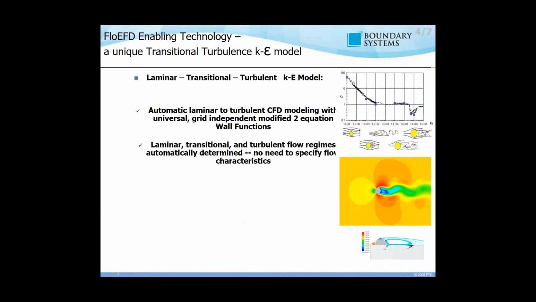So laminar flow, transitional flow, turbulent flow, even all the way up to, if a space shuttle was re-entering the atmosphere going at Mach 25 or 30, FloEFD can solve that with the same turbulence model as well, right? And it does not reduce your accuracy compared to other CFD codes.